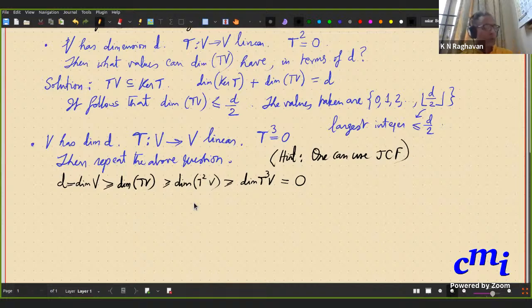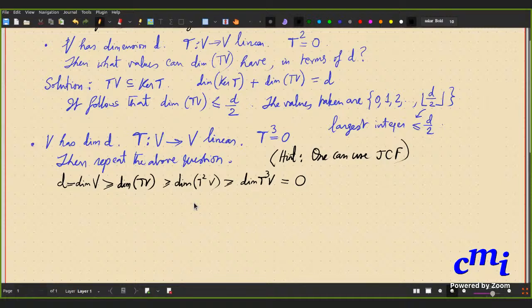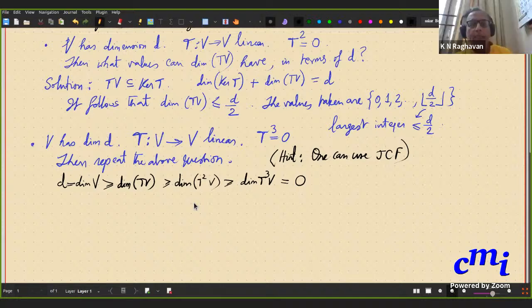Okay. Can it be 0? No. Why not? Because T cubed is 0. That is a minimum number such that T cubed is 0. No, I didn't say that. It's not said that 3 is the minimum number such that T cubed is 0; T cubed equal to 0 is always given.